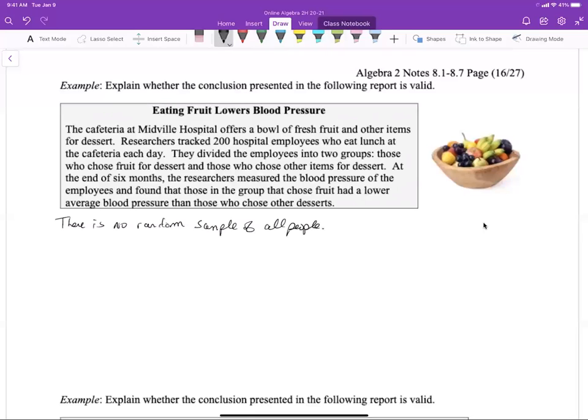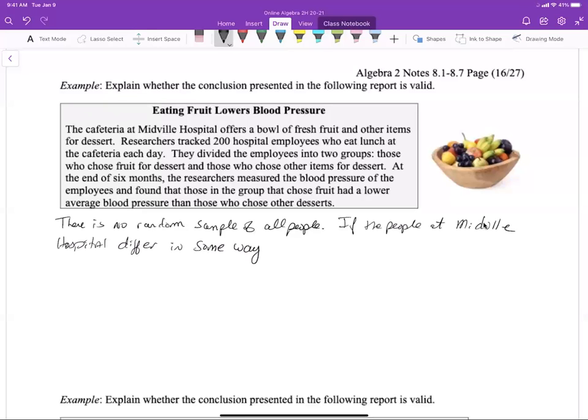Okay, so for example, if for some reason the people at Midville Hospital differ, which they could, they work at a hospital, maybe they're more conscientious than someone who works at a fast food restaurant.